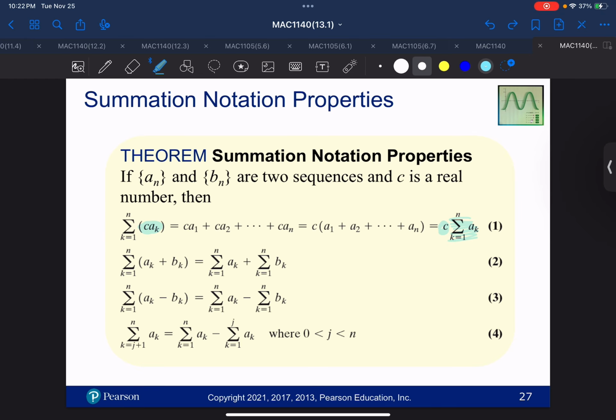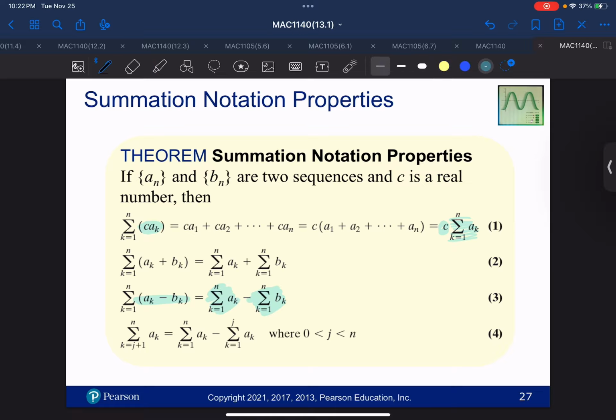And the next one's very similar, except for it's minus. So the summation of a sub k minus b sub k would be the summation of a sub k minus the summation of b sub k.